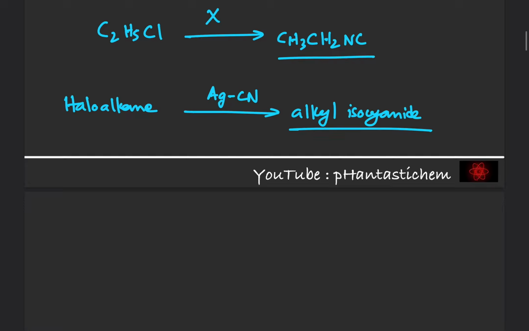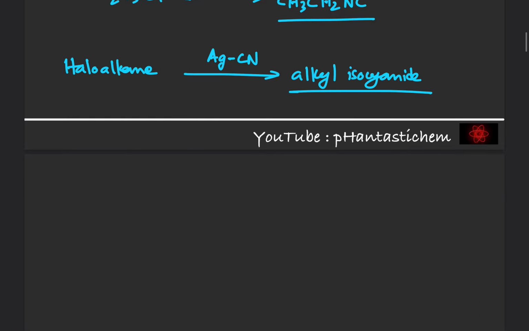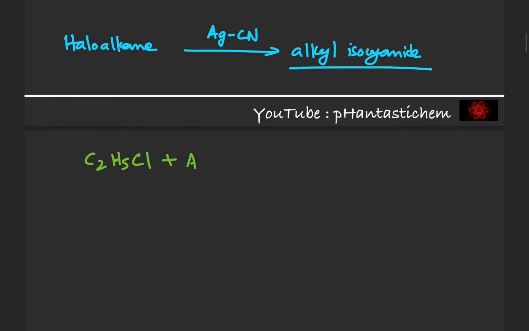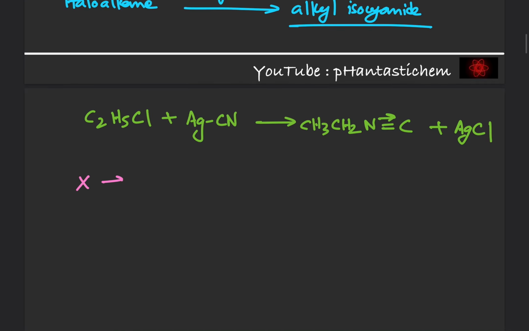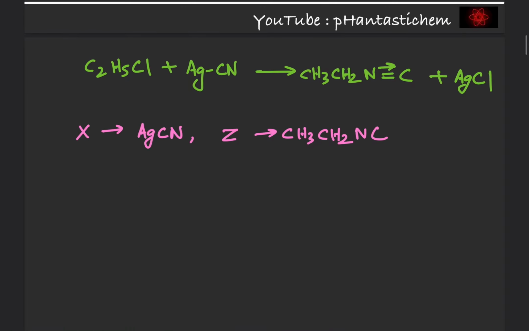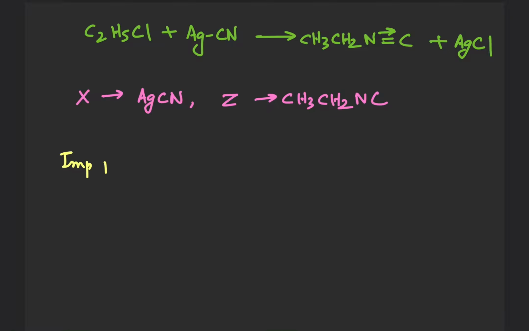Okay, so with respect to reaction, I can write C2H5Cl plus AgCN will give me CH3CH2NC plus AgCl. Okay, so therefore our X is AgCN and Z is CH3CH2NC.